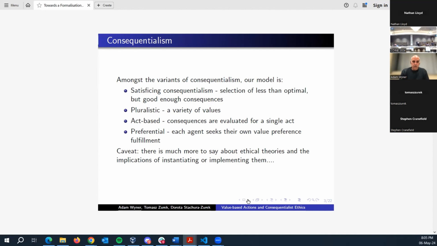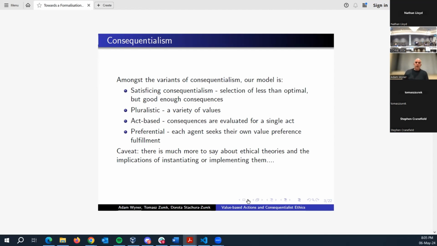It's pluralistic in the sense that there are a variety of values that can be considered, and we'll say a little bit later about what we're considering here. It's act-based in the sense that consequences are evaluated for a single act. And as you'll see later, we can have plans where consequences are considered for a chain of actions. It's preferential in the sense that each agent seeks their own value preference fulfillment. So in that sense, this is highly individualistic.